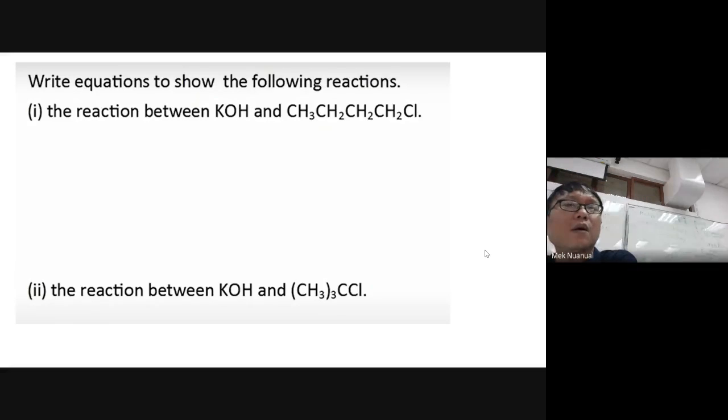Yeah. The OH can only come in an alkaline solution because it has to have a cation, not just in isolation by itself.